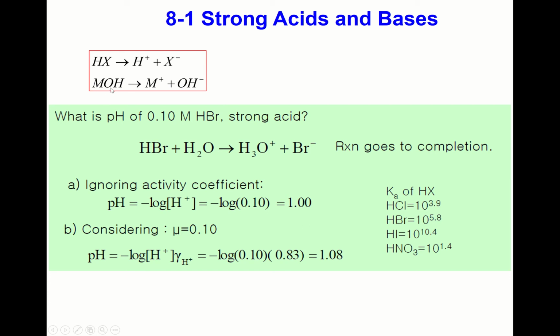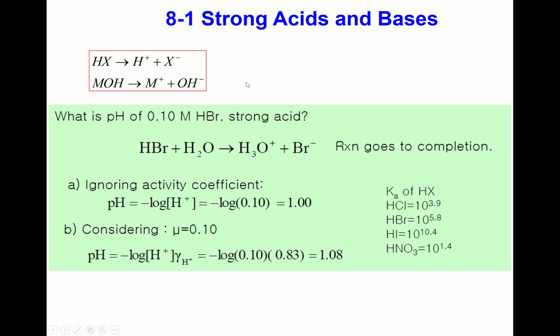Again, when it dissolves in water, it dissociates into M plus and hydroxide ion. Since a strong acid produces protons, it is an acid. In the meantime, a strong base, any base actually, produces hydroxide ion.